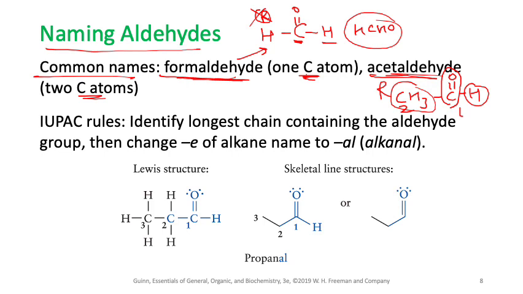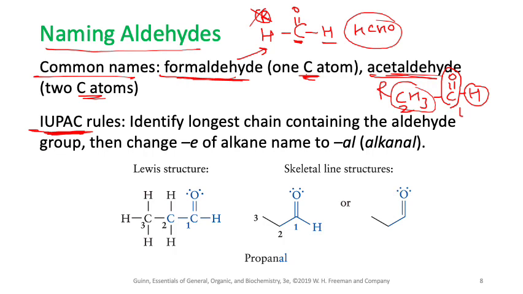But we're going to learn how to name an aldehyde using a scientific rule, or the IUPAC rule. In the IUPAC rule, we already talked about the rules for how to name an alcohol, thiol, alkane, and alkene. You have to follow exactly the same rules. The only difference between all the previous rules and this one is the ending.